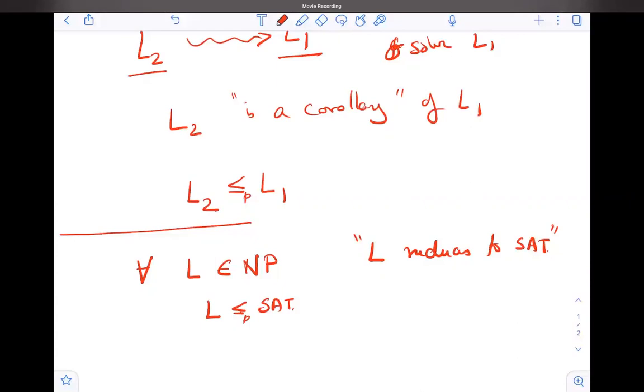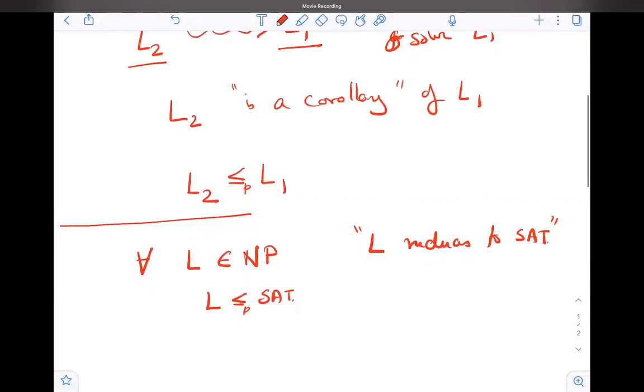It is a pretty consistent and logical notation, but I also have this problem of forgetting, when I have to explain to someone, which reduces to what. But in my mind, I know which is the harder one and which is the easier one. Sir, so in general, the right hand side is the harder one, right? In general, the right hand side is the harder one. Okay, sir. Thank you.